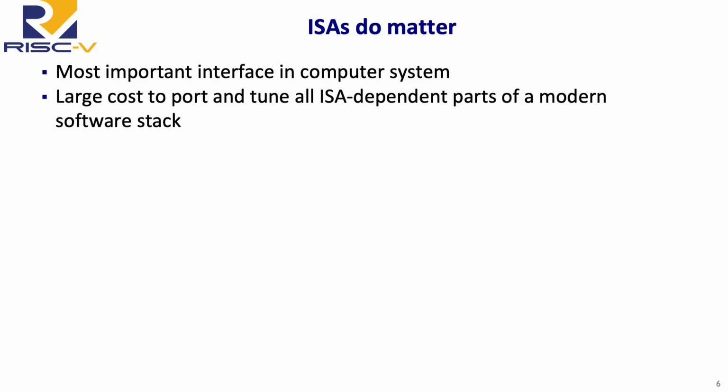There is a large cost to port and tune all the ISA dependent parts of a modern software stack. So that includes things like the compiler and the linker and debuggers and so on.